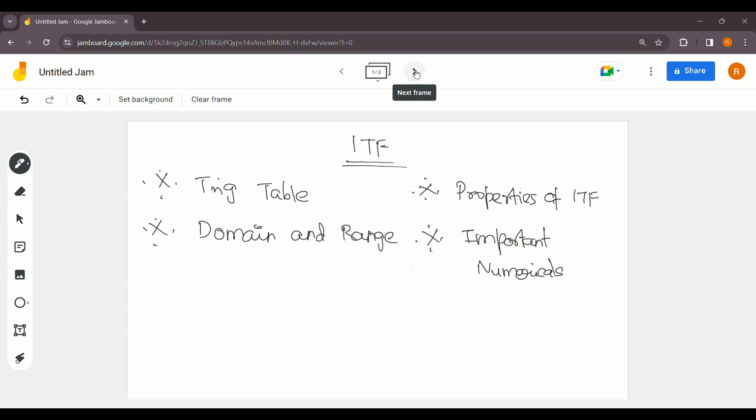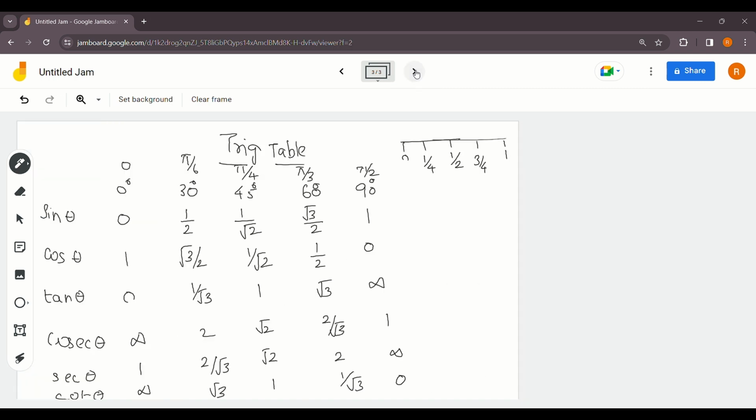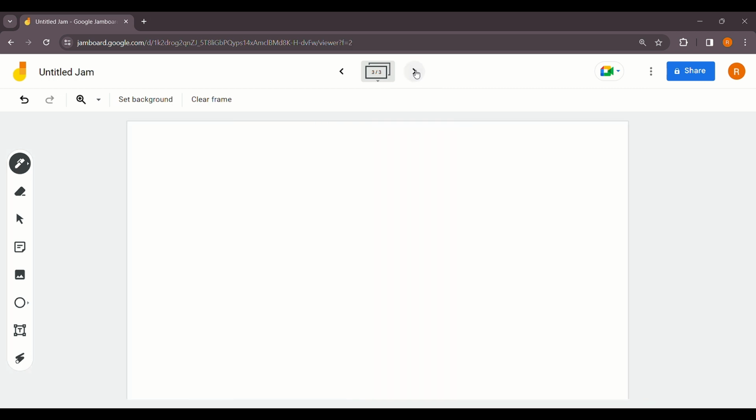Of course, this is not as important as we have a lot of shortcut techniques to find the values. But for some important MCQs this may be required. So we will be writing the domain and range tables. Here you have a tabular column of function, domain and range, and I will also tell you how to find the inverse trigonometric values for some important numericals, which we will be discussing shortly.